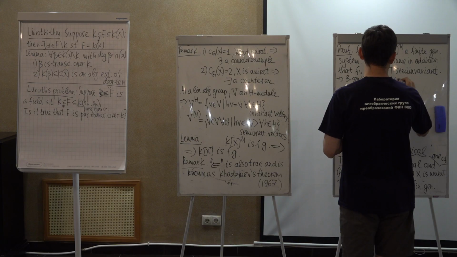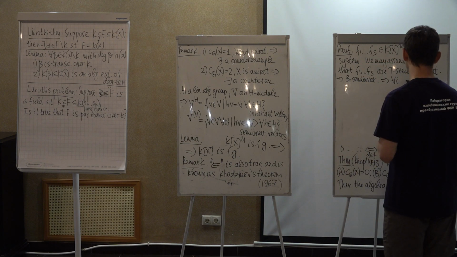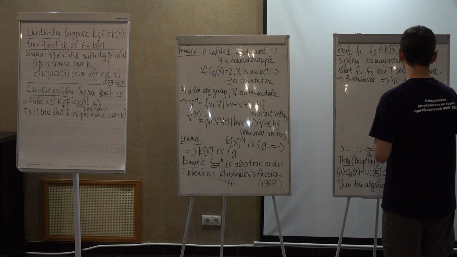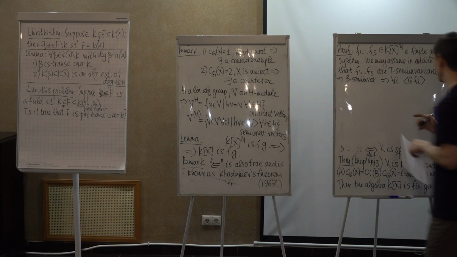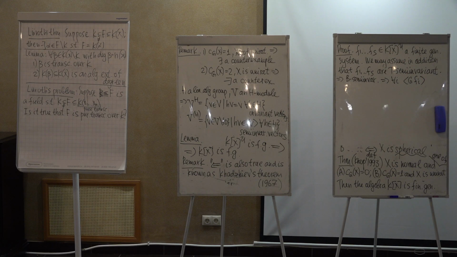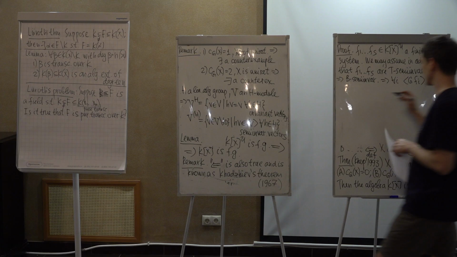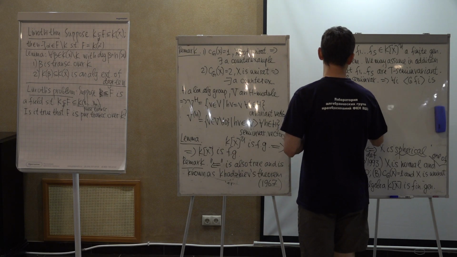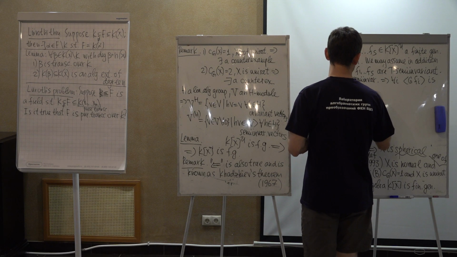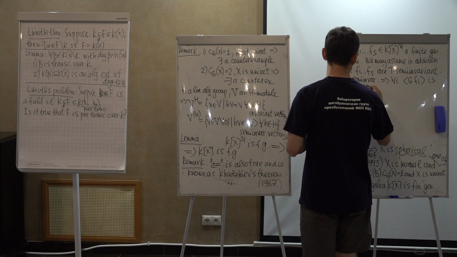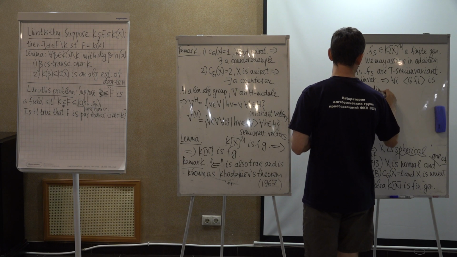This means that for every i, the corresponding G module generated by fi is a simple finite dimensional G module.